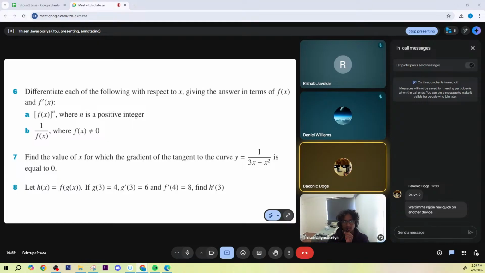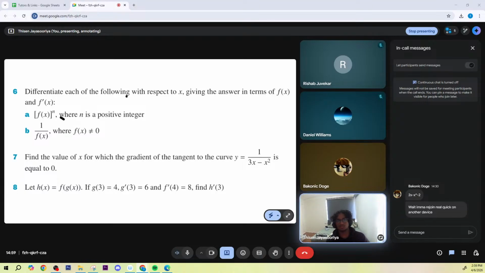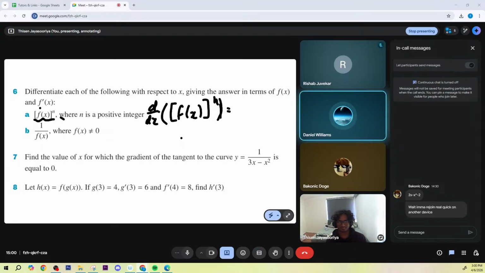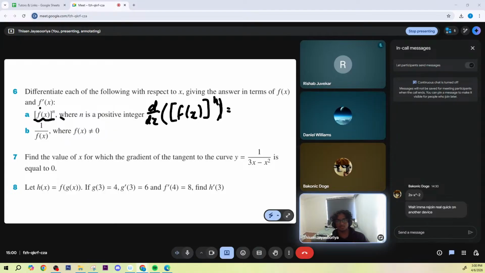How can I use the chain rule to find the derivative of this function? Let's just say I do d on dx of this. Very abstract. And they want me to find it in terms of f of x and f dash of x. Do you want to have a go at this one, Daniel? Okay, I'm not sure how to do this question. So we'll think about it like this.